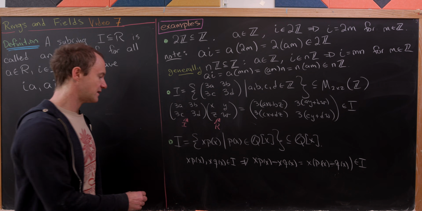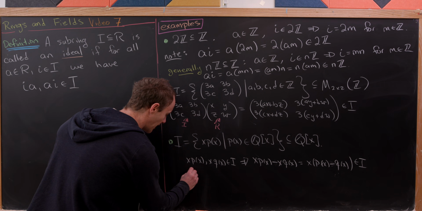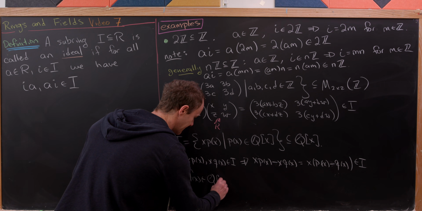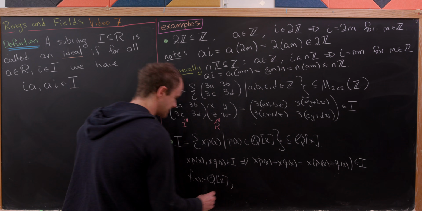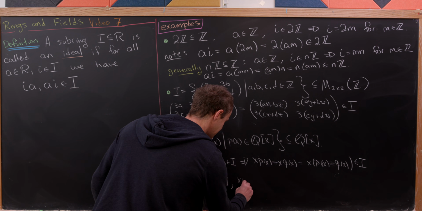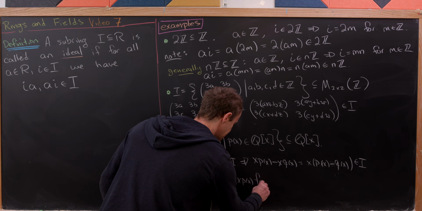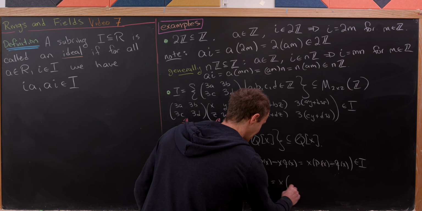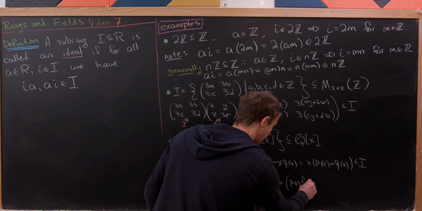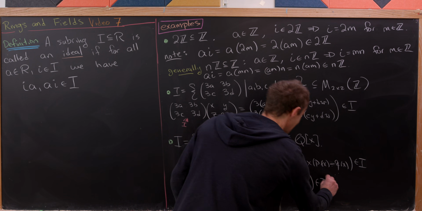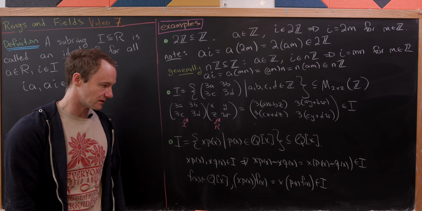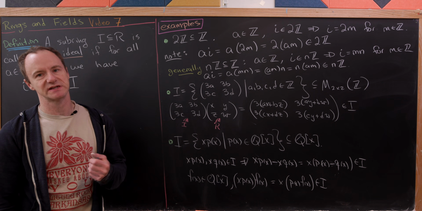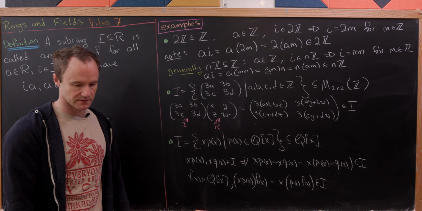Okay, so now let's take a new polynomial, which I'll call f of x inside of Q adjoin x. And let's look at the following. We'll look at x times p of x times f of x. But notice that we can resort this as x times (p of x times f of x), and observe that that is an element of our ideal. So that means if we take something from the parent ring and something from the ideal and we take their product, we get something in the ideal.